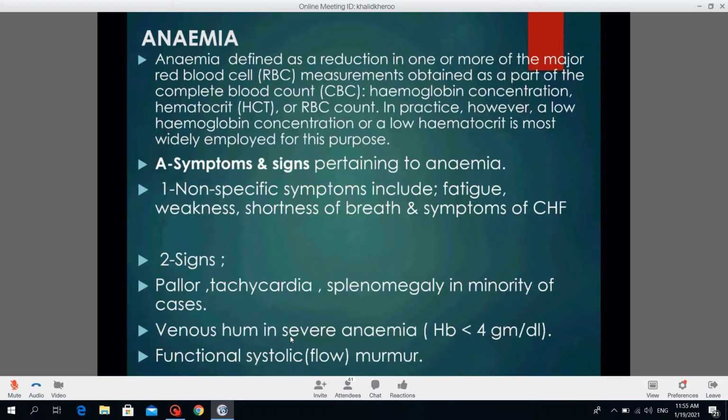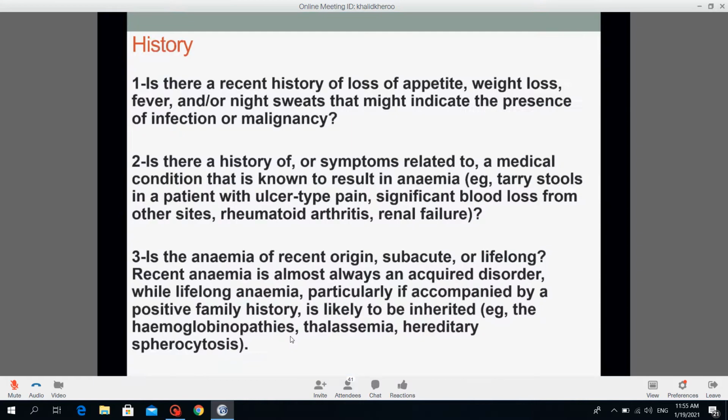So when you say that the patient is anemic, it is not a disease. So you have to look for the underlying cause why those patients have anemia. It could be infection or it could be malignancy, associated with loss of appetite, loss of weight, fever, night sweat. Fever, night sweat, loss of weight, sometimes it is due to lymphoma.